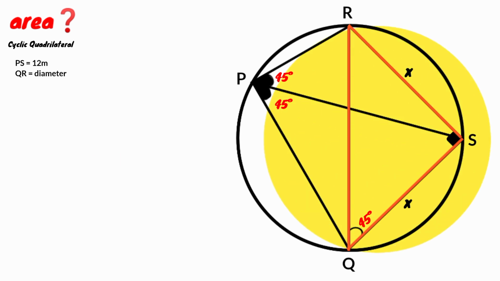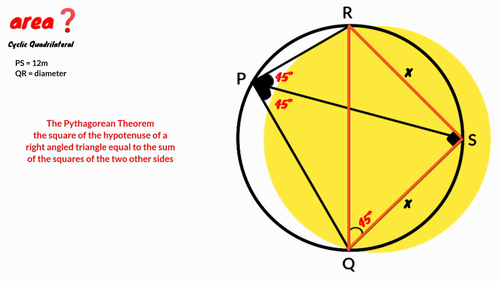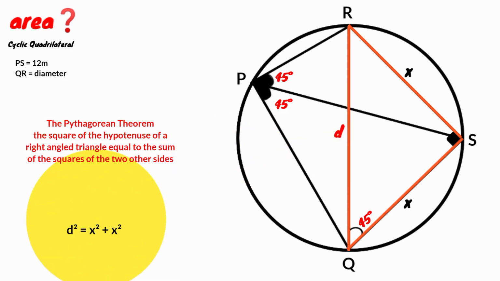Since the triangle is right, we can use the Pythagorean theorem on it. The Pythagorean theorem states that the square of the length of the hypotenuse of a right angle triangle is equal to the sum of the squares of the length of the two other sides. The hypotenuse is the side facing the right angle, which is this here. Let it be D. So by Pythagoras, D squared equals X squared plus X squared.